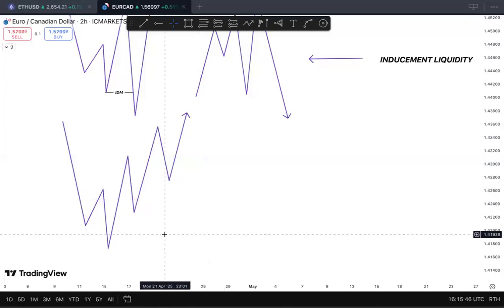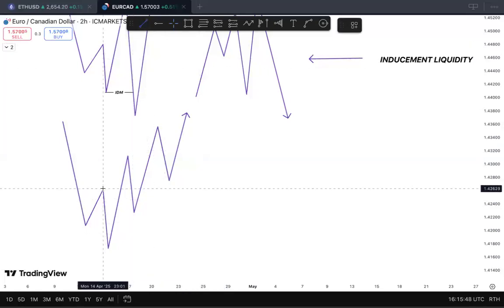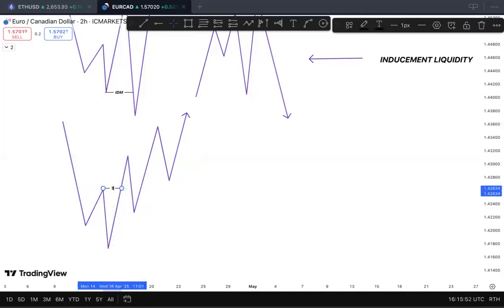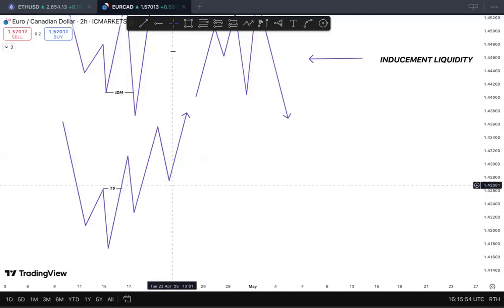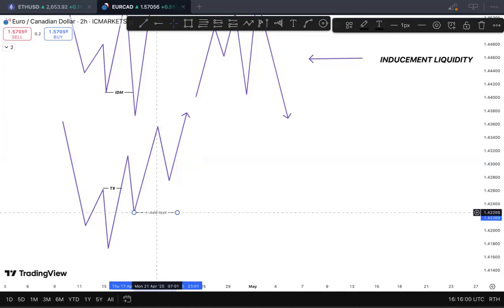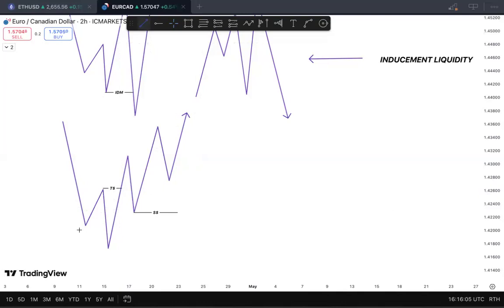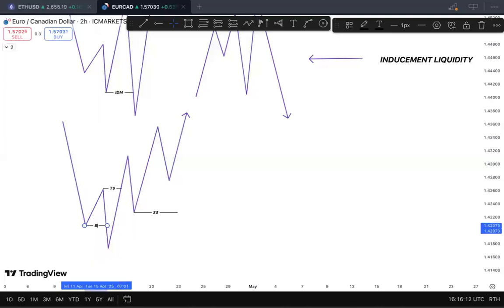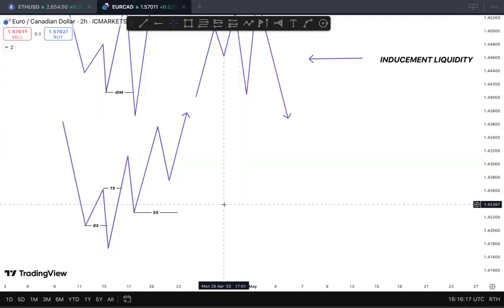So at this point, we have the transactional liquidity, T dollar, and we also have our structural liquidity, which is S dollar. And remember, this is our break of structure, you can say BOS.